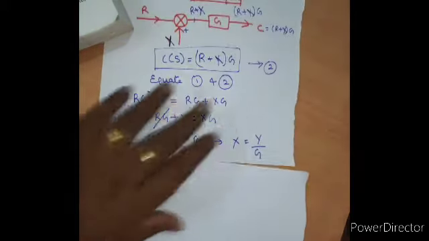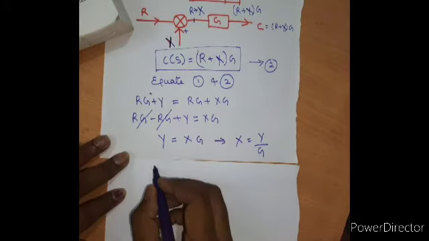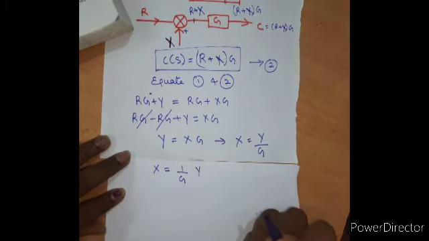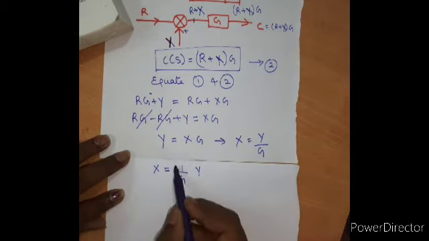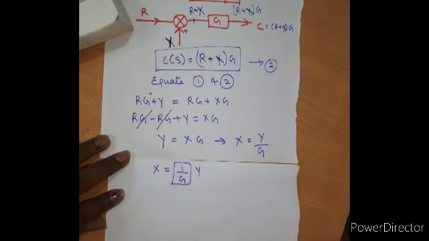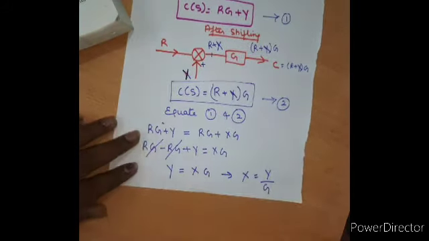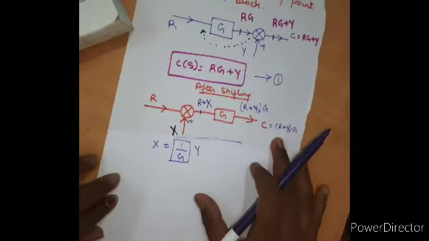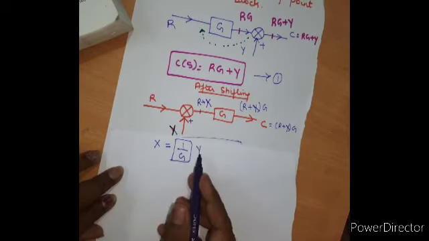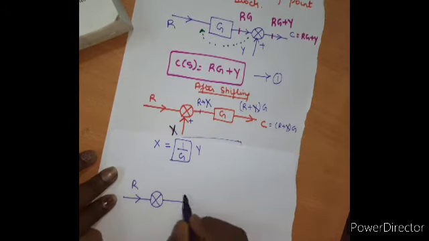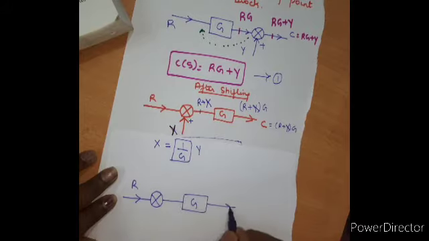Now, X is equal to Y into 1 by G. G is this block. So in this circuit, instead of this X, I am going to write a block of 1 by G multiplying Y. What should I get?